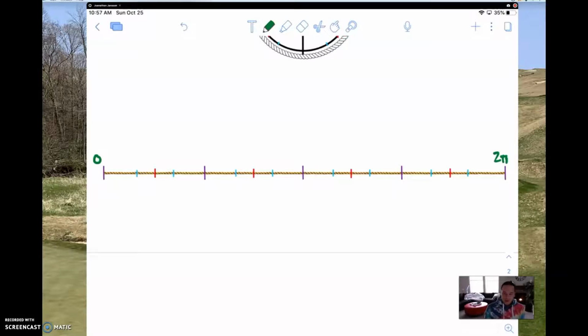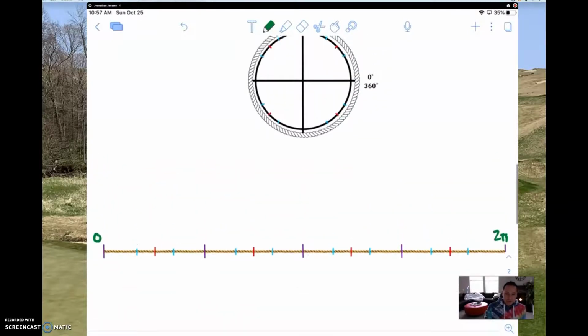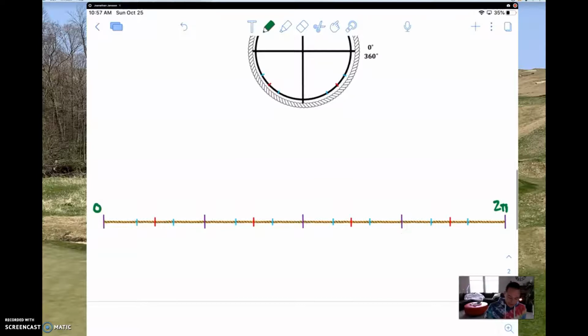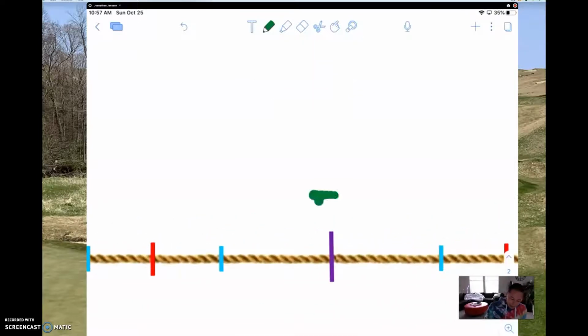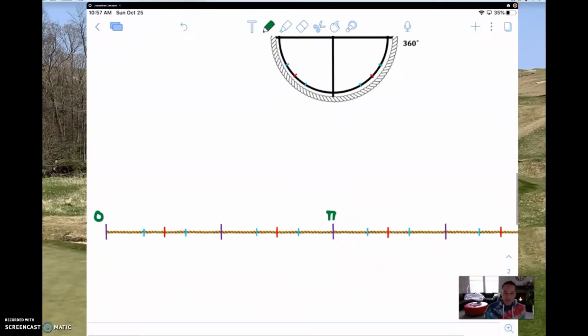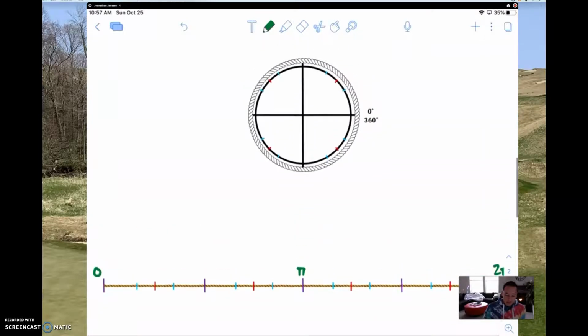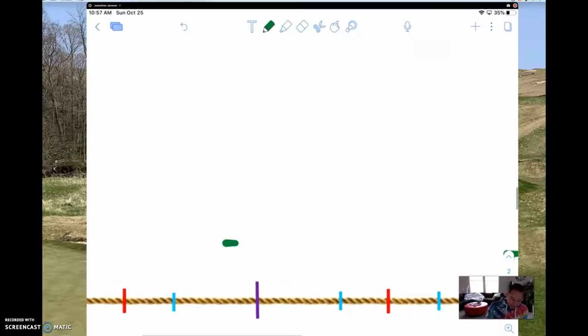So let's just go with some of the easy ones. Let's go halfway between. So if we go halfway between, that's going to be pi radians. And that corresponds in this diagram over here. That's pi radians.